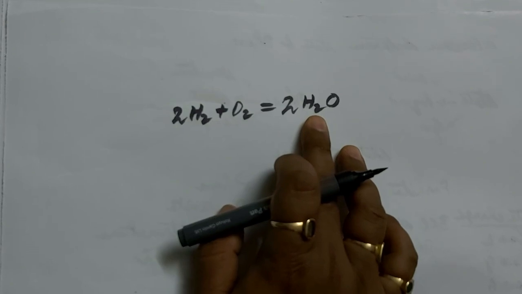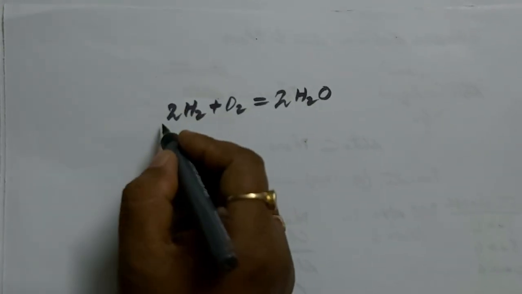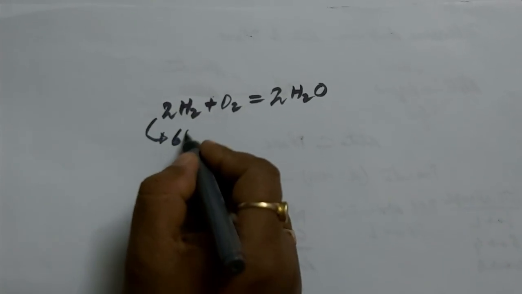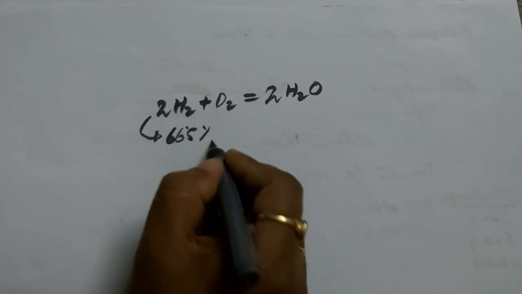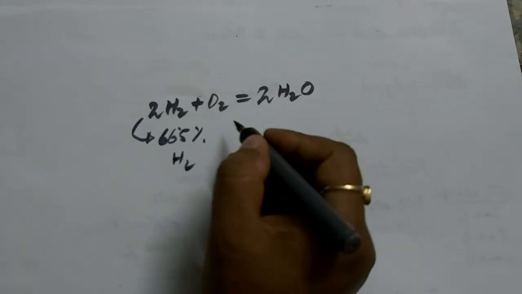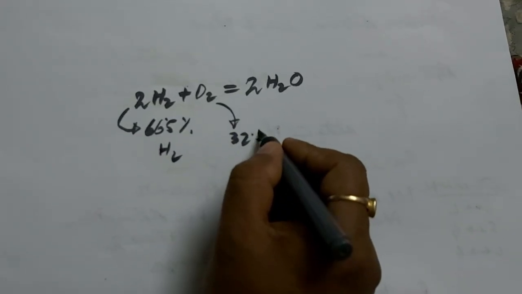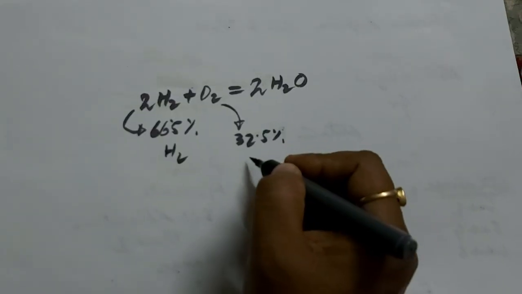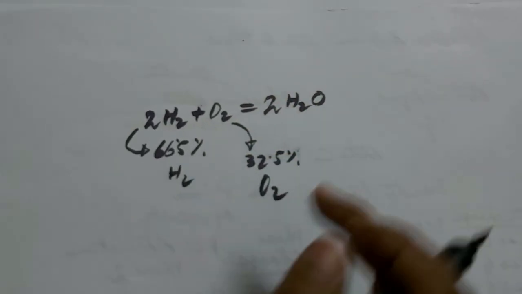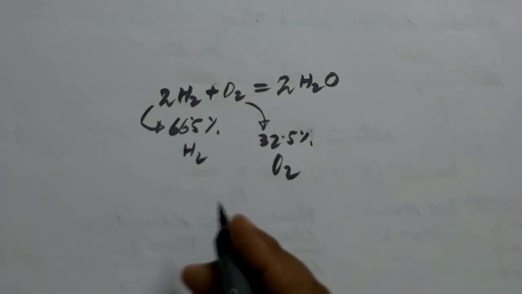So from here we can say 66.5% of hydrogen is reacting with 32% of oxygen and producing water. So if we change this atom percentage, the product will change. How?